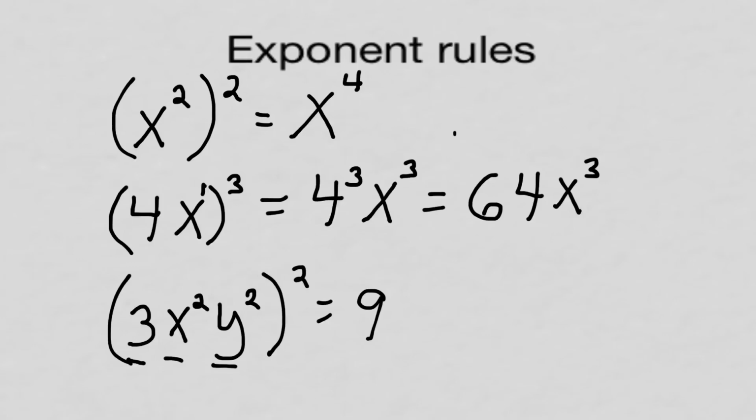Then x squared, squared here, and it's squared on the outside, so we multiply. 2 times 2, that's going to give you x to the 4th. Next variable, we got y squared. On the outside we got a square, we multiply, we end up with y to the 4th.